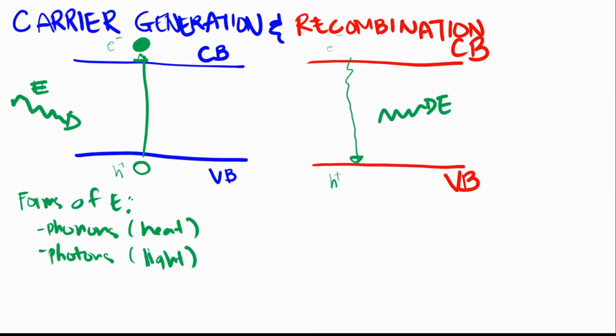This is how we generate electricity from photovoltaic cells. It has to do with charge carrier generation using photons. We can also have our electric field. This is what happens when we apply electricity into our devices. When we apply voltage, we're actually injecting electrons into our semiconductor.